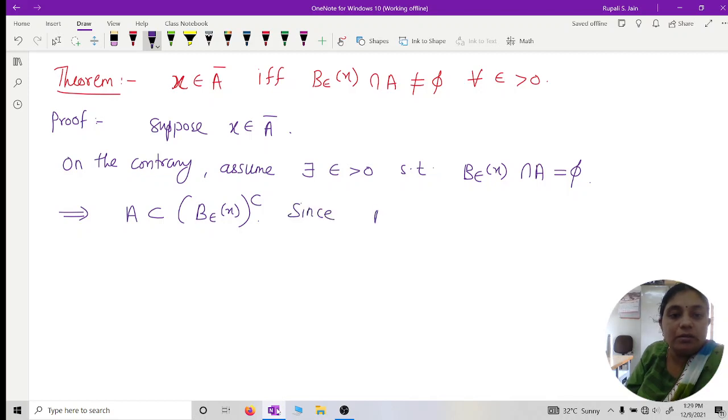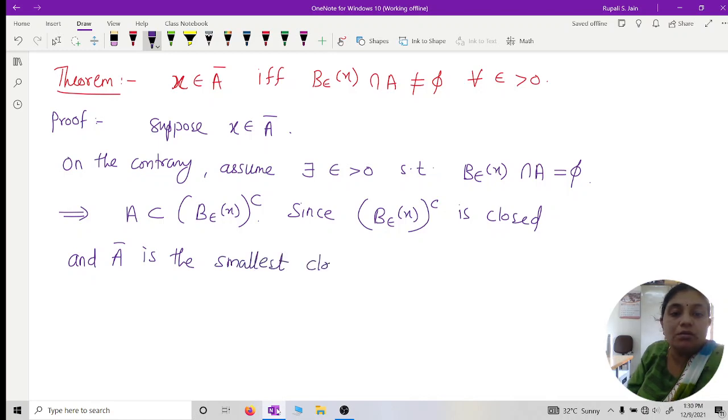Since B epsilon of X is open, its complement must be closed. Since B epsilon of X complement is closed, and A closure is the smallest closed set containing A, what can I say about A closure and B epsilon of X complement?